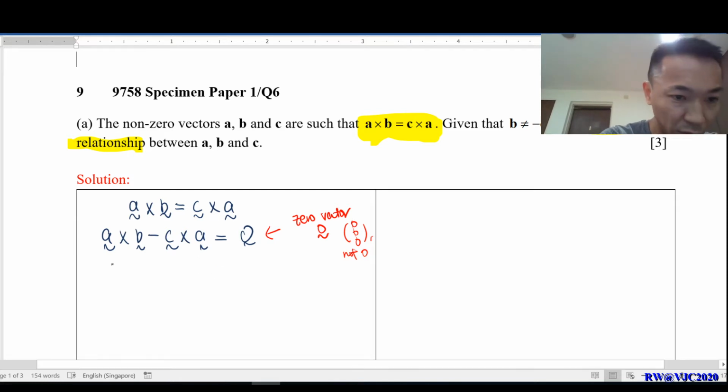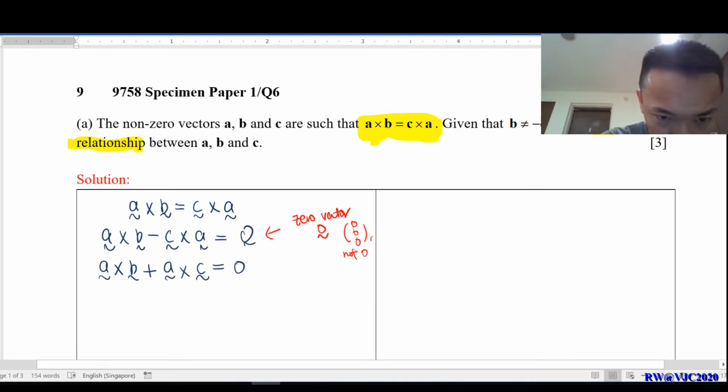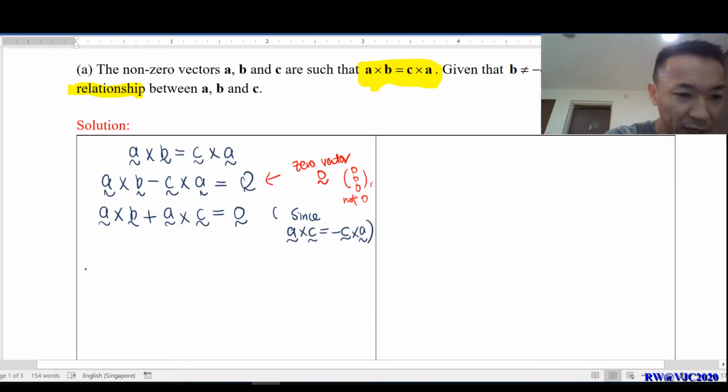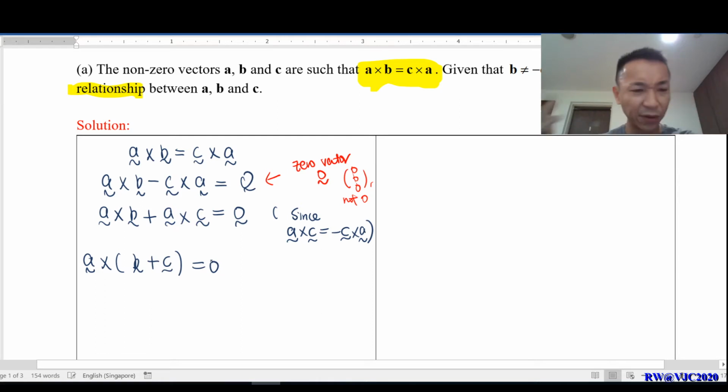I would first do this: A cross B plus A cross C. The reason, we say, is that A cross C equals negative C cross A. We try to be nice and justify why we do certain things. Only then can we factorize. I wouldn't say factorize; I would just say this is the reverse of the distributive property of cross product over addition.